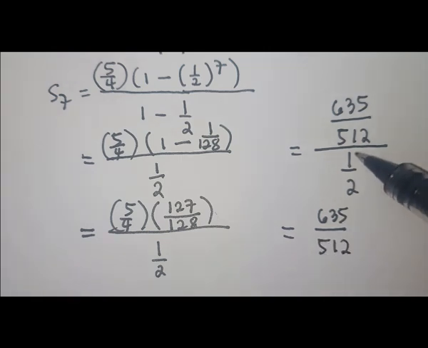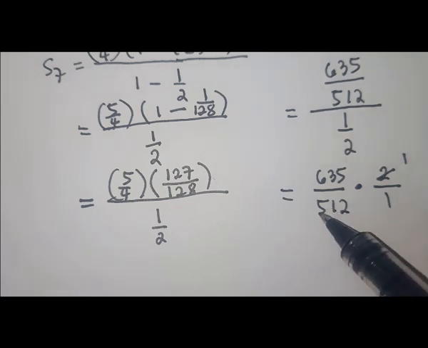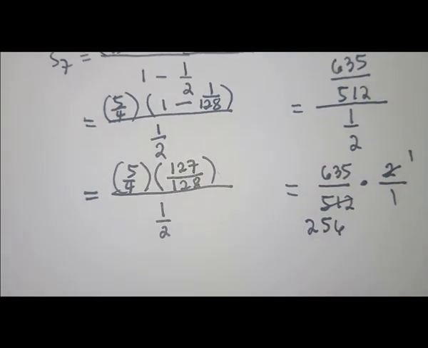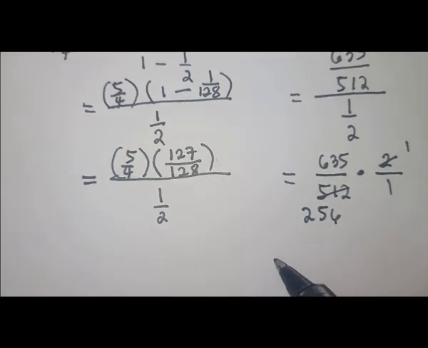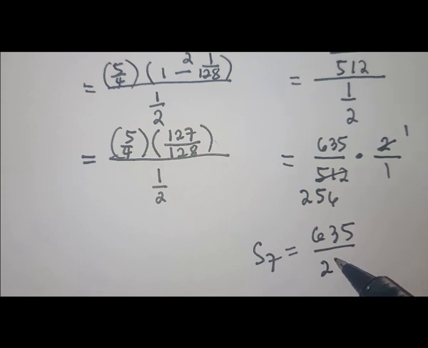Get the reciprocal, then change division into multiplication. You have 2 over 1. Next, 512 and 2 are both divisible by 2. So when we divide 2 by 2, we get 1. When we divide 512 by 2, we get 256. So now, we have S sub 7 is equal to 635 over 256.